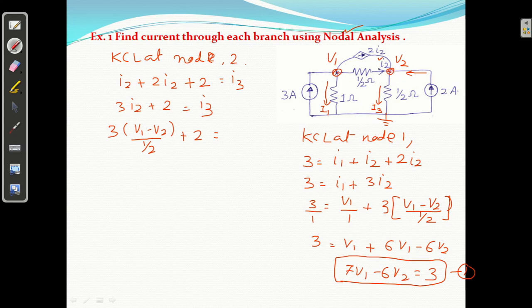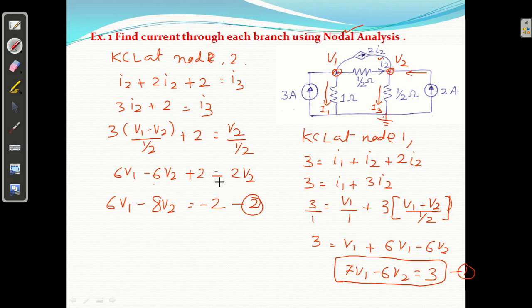I3 is V2 minus 0 upon half, that is V2 upon half. 3 upon half is 6, so 6V1 minus 6V2 plus 2 equal to 2V2. So you will get 6V1 minus 6V2 here, and this 2 goes to the other side, so minus 8V2 equal to minus 2. Clear? 6V1 minus 8V2 equal to minus 2. This is equation number 2.